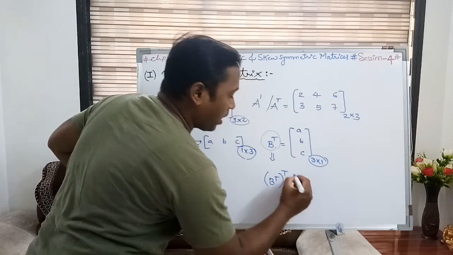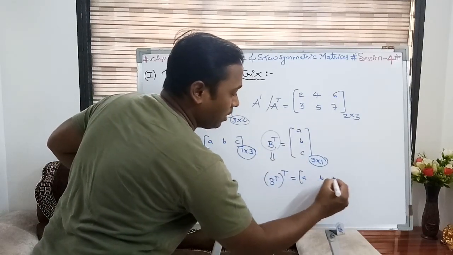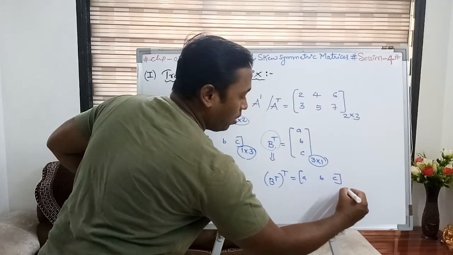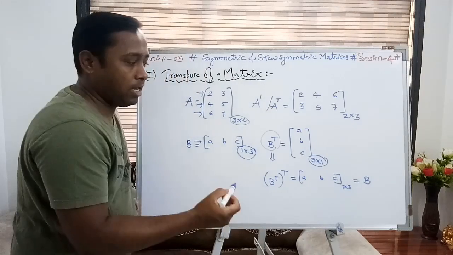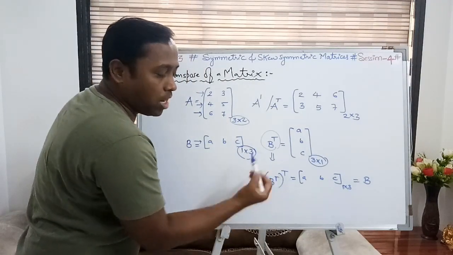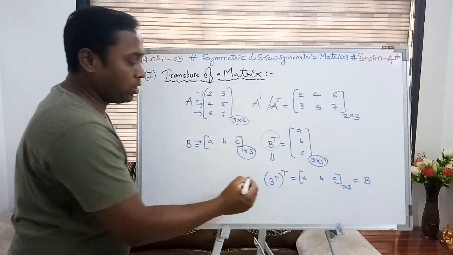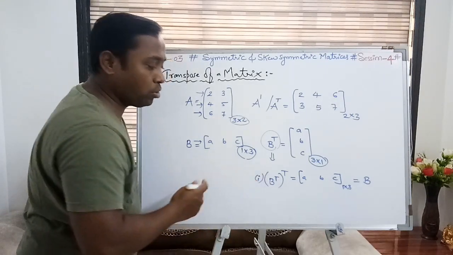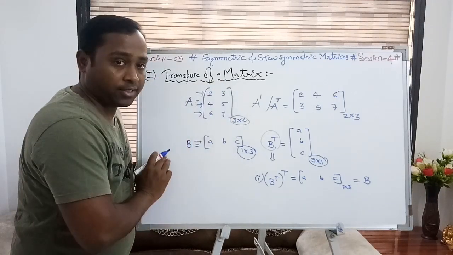This column matrix becomes a row matrix again. It will give the actual matrix, the B matrix. This means the transpose of the transpose is the matrix itself. So this is the first and the most important property of transpose of a matrix.